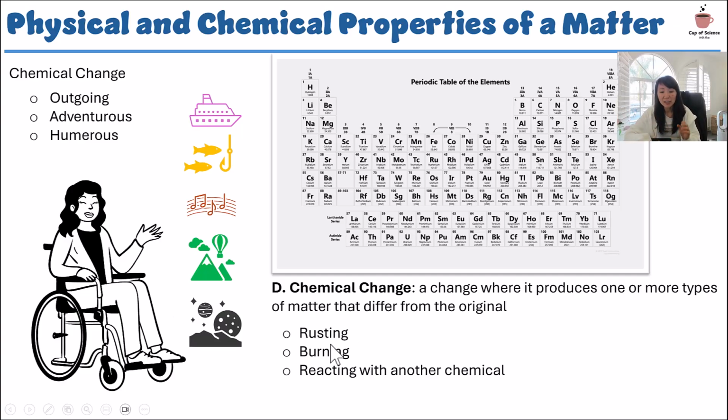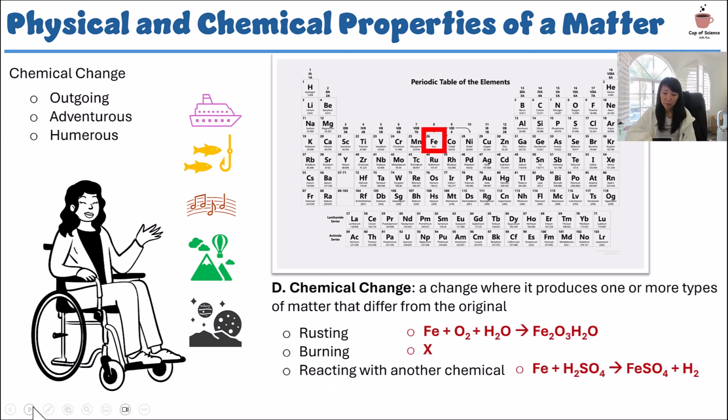So rusting means they're in the process of doing that. Burning is a process of burning and reacting with other chemicals. And we've seen this equation before. It's when we talked about the ability to do so. So chemical properties, yes, they have the ability, but they're not doing it yet. And the change in itself is when they're in the process of doing it.